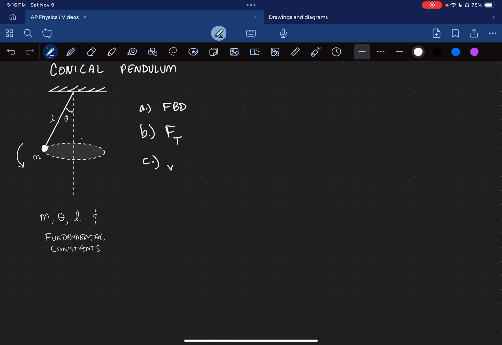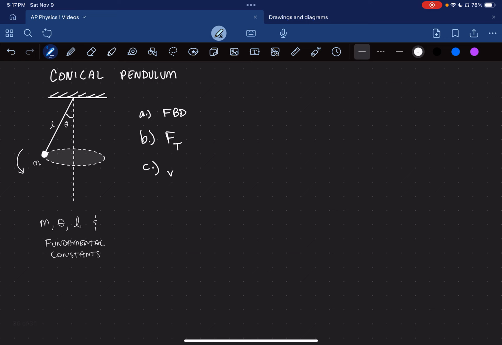So the string is length L, some angle theta. The ball or the bob has a mass m. And so using those and fundamental constants, well, first of all, we'll draw a free body diagram, but then determine the tension force in these terms and figure out the speed of the ball.